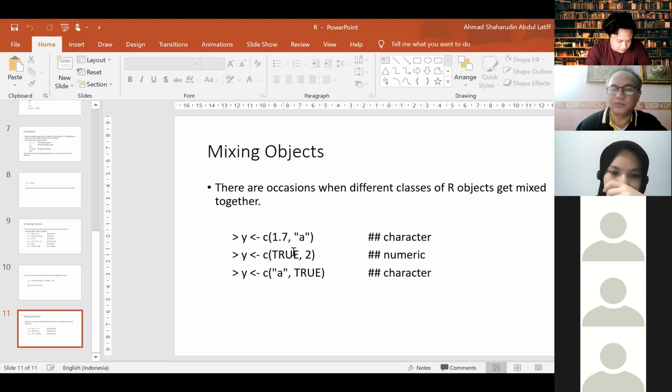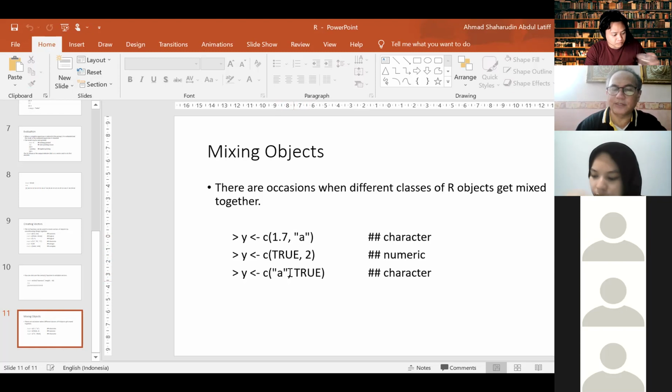And then when there are TRUE and 2, they assume this is numeric, and TRUE will be given as 1. TRUE is 1 and 2 stays 2. 0 is FALSE, TRUE is 1, because 0 and 1 can also be logical: false and true.